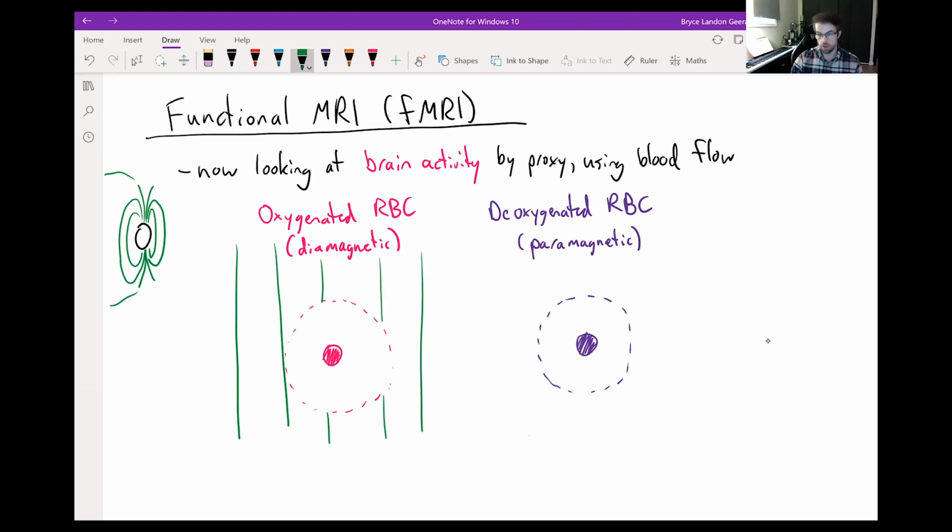And I'll just draw them on both right now. So we've got, what, 5 lines here? So, just showing that both of these molecules are experiencing a magnetic field.